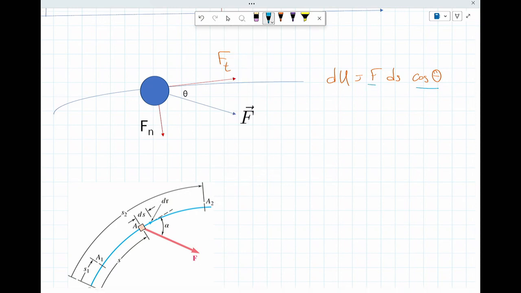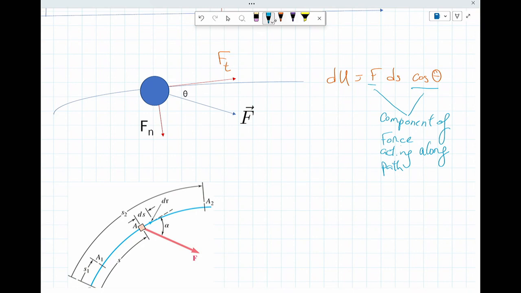I can do it 2 different ways. The way I tend to write it is F cos theta ds, because it's the component of force acting along the path.